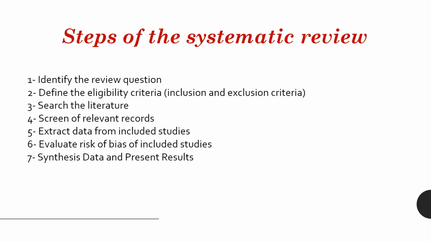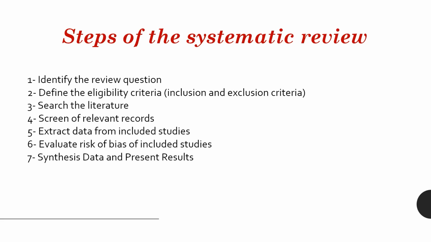Use risk of bias tools to assess the potential bias of studies in regard to study designs. Number seven, synthesize data and present results, which is writing the systematic review to present the findings, including the methodology and the results.